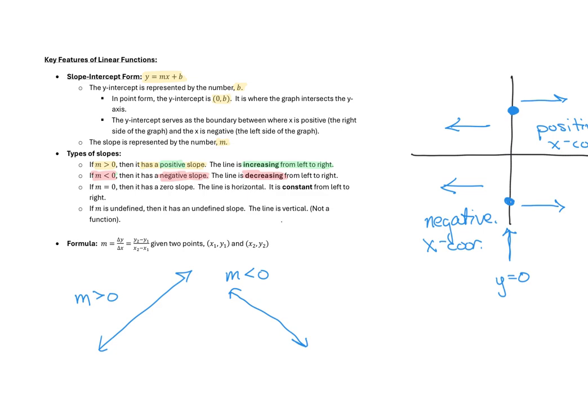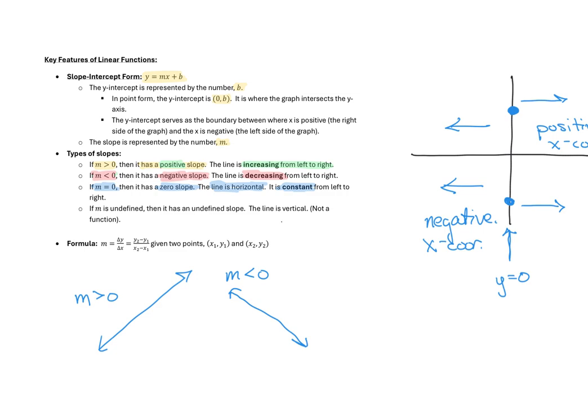And the last one that we really care about for this class is we have m equals 0. And so, well, it's called a zero slope. And what we have is the line is horizontal. This is our constant function, or we have our line is constant from left to right.